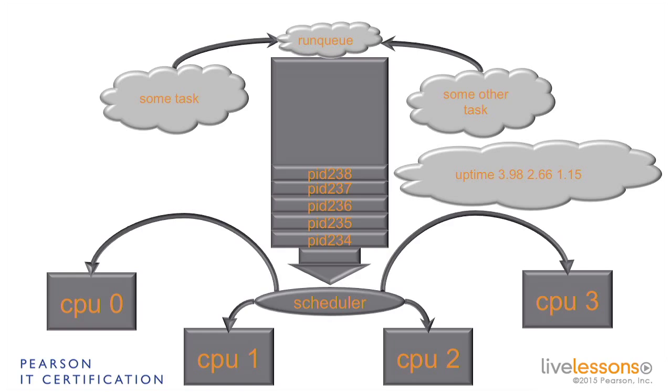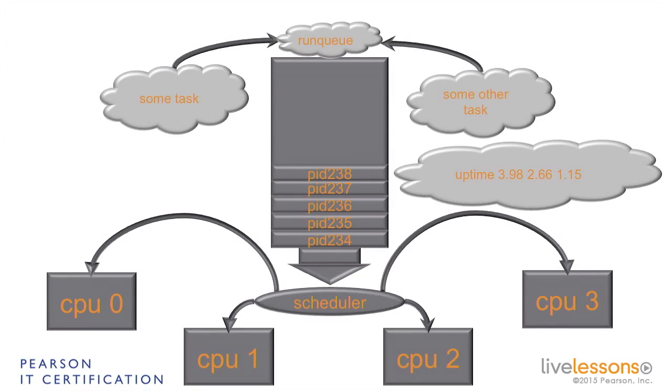And in the uptime command, we see three parameters: 3.98, 2.66, 1.15, which is the average for the last 1, 5, and 15 minutes. But what exactly does it mean, the 3.98? Well, it's the amount of runnable processes in the run queue.